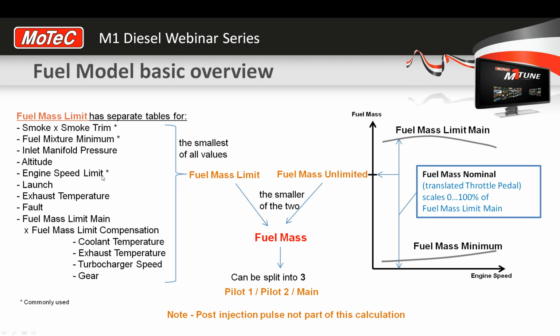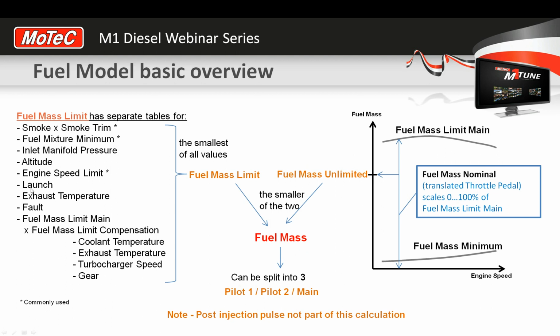If you run up to the engine speed limit and it's not configured as cut, then the engine speed limit set of tables will take over the fuel mass, becoming the lowest number, and that will become the fuel mass the engine will use. It becomes the lowest number to be used by the main calculation to be delivered out. I've got some tables to show you that happening at the end of the webinar.